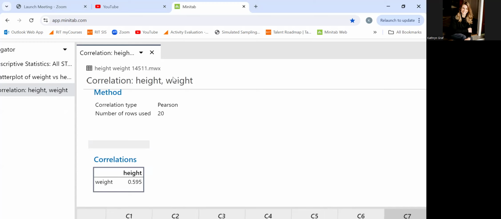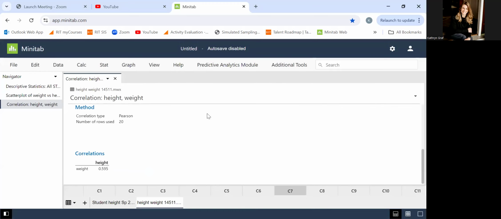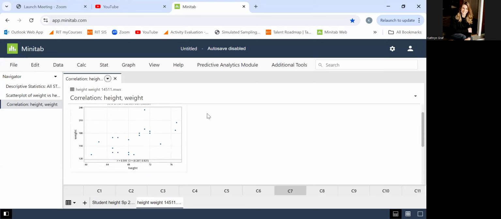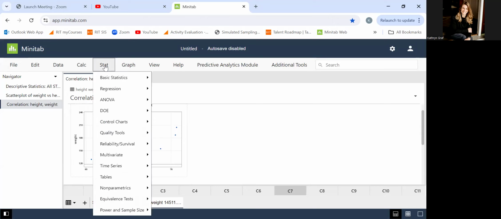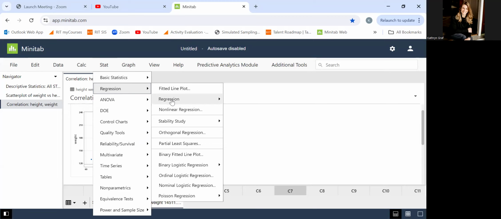All right. The next thing I want to do here is I want to take a look to get the regression equation. So that's the equation of the line of best fit that will go right through the middle of these points. So this is under stat regression. Then we will go into regression again here, and I'm going to fit the regression model.